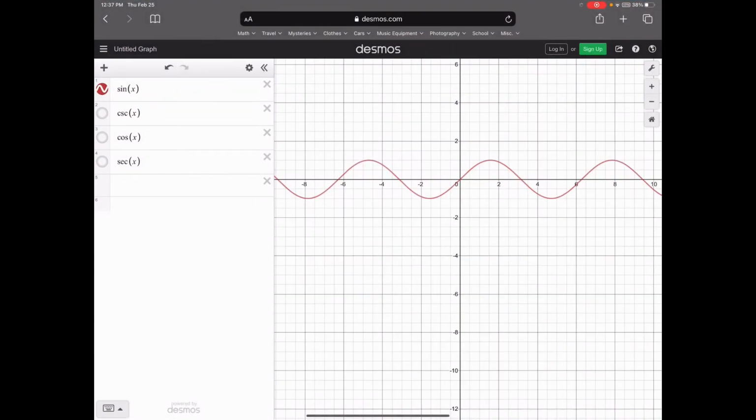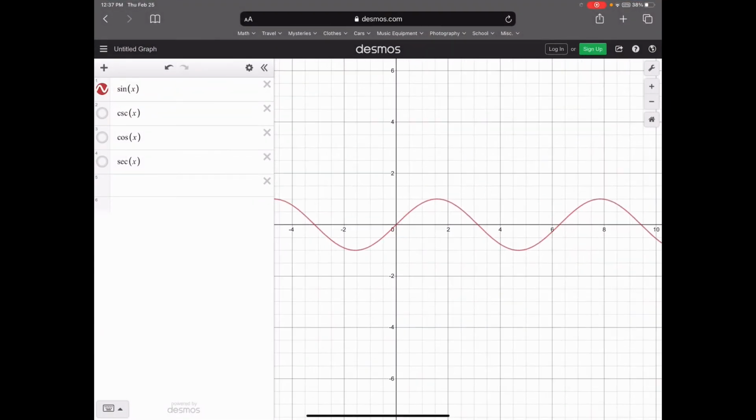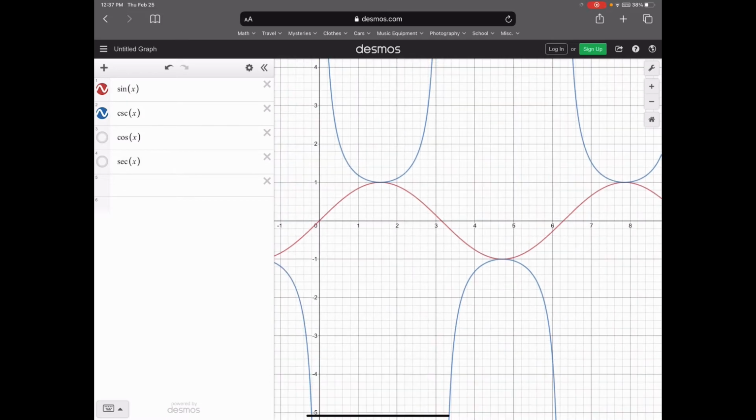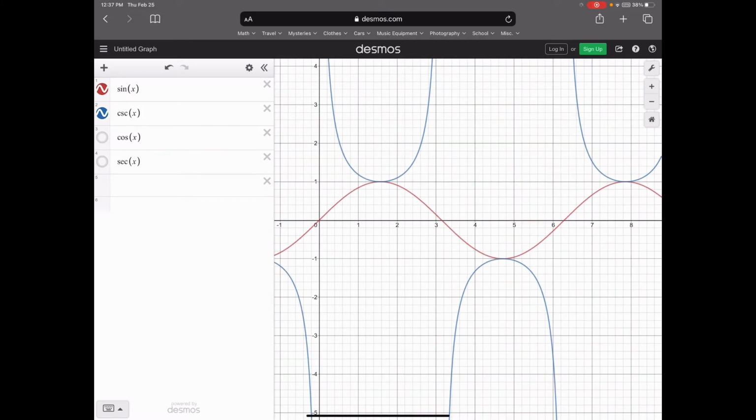Okay, so if I have a sine wave here, that's just sine x, and I'm going to graph its reciprocal function, which is cosecant. So there's cosecant x. I'll zoom in on the first quadrant. You can see here that cosecant is going to create these parabolic shapes.